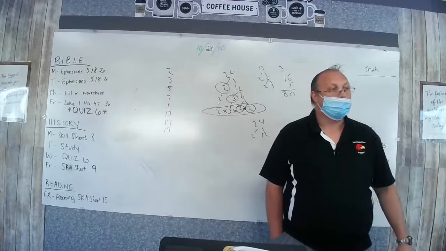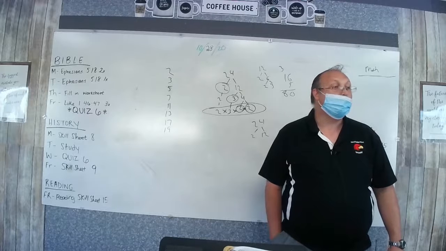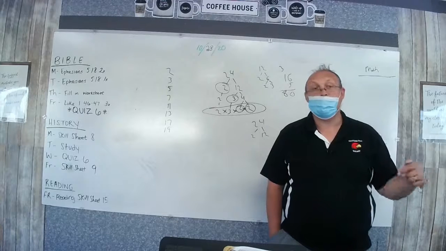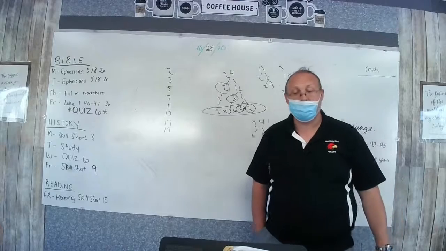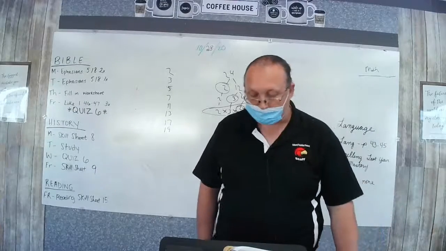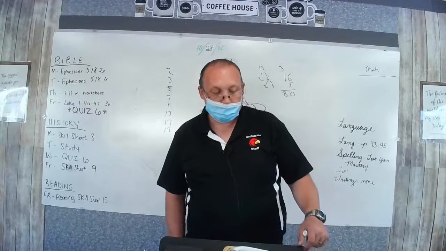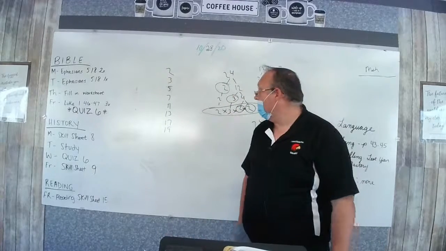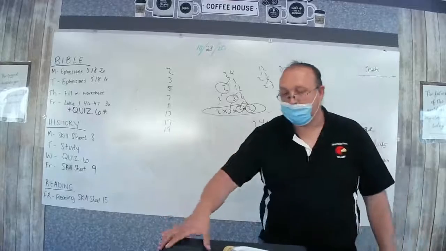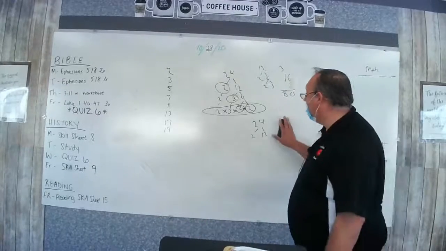Do the stuff again. Keep going until you get to prime numbers. So, this is called the factor tree, and we're doing this till we get to prime numbers.